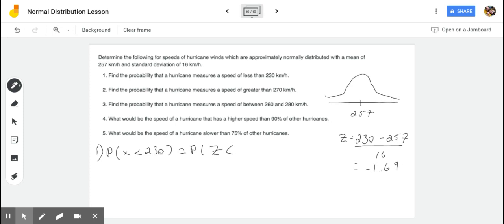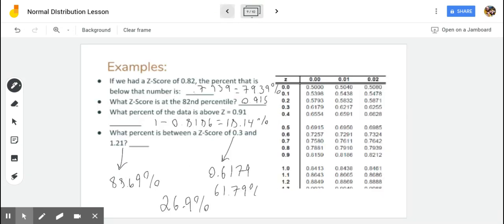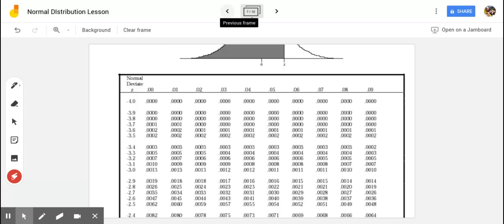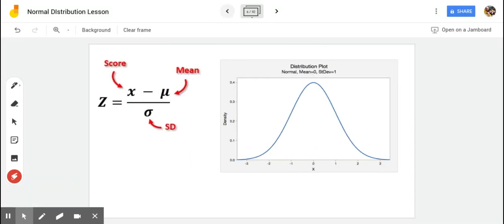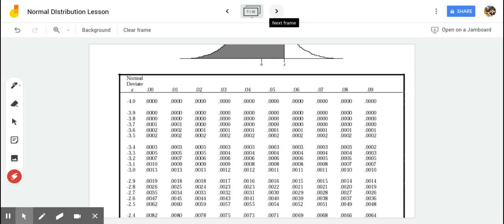Negative 1.69 is your z-score. So we're trying to find the probability that z is less than negative 1.69. When we look back at these charts, we are trying to figure out what percentage is less than negative 1.69. That's really what we care about. Negative 1.69 is found in this chart here.